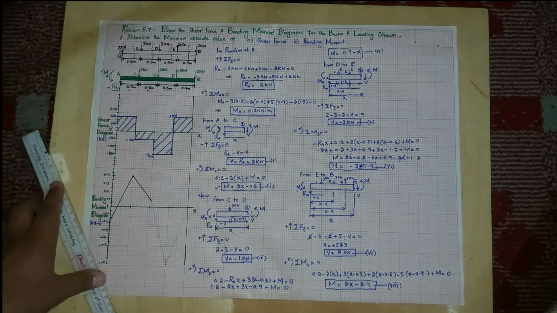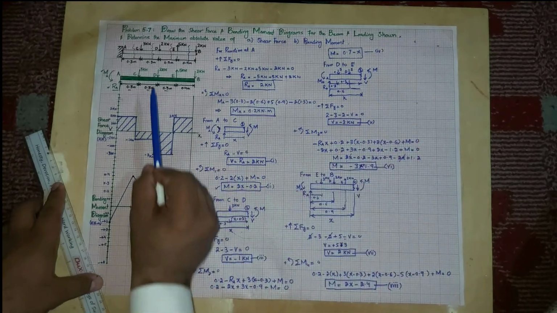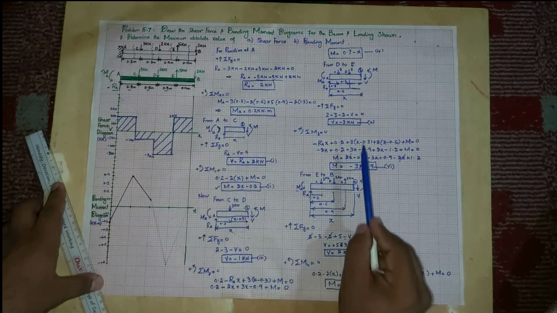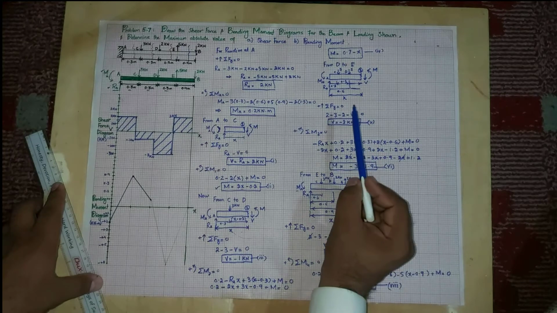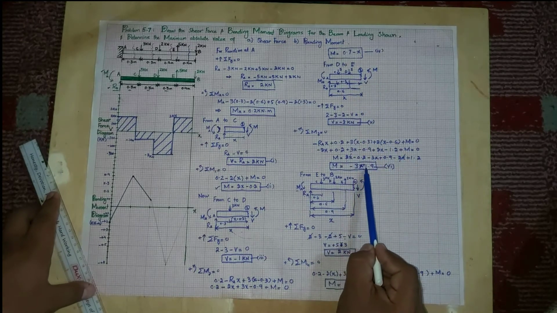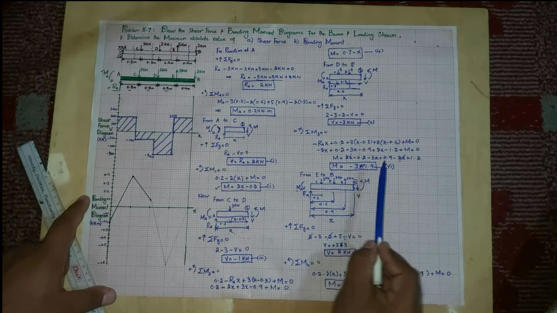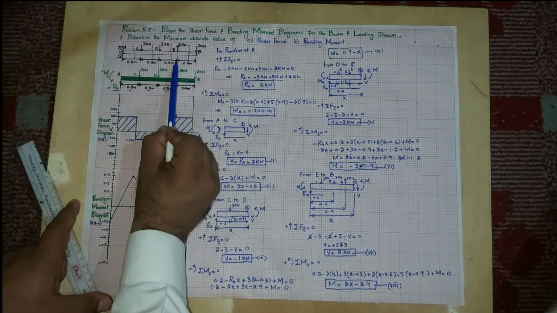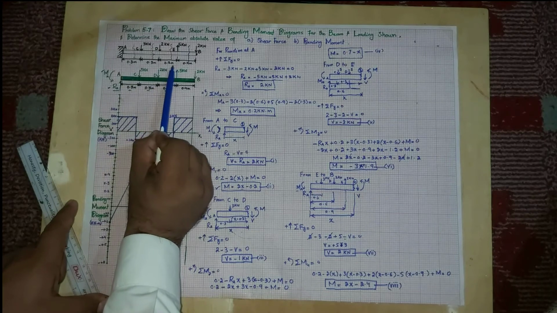slope, constant line. Now from D to E, the bending moment equation is minus 3x plus 1.9. So if you want to find the bending moment, x will be 0.9.